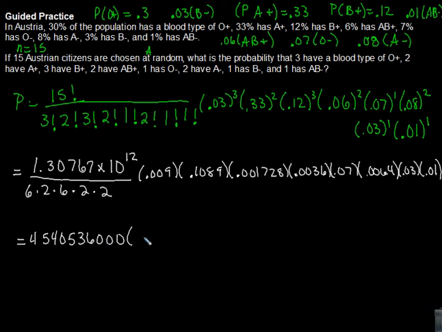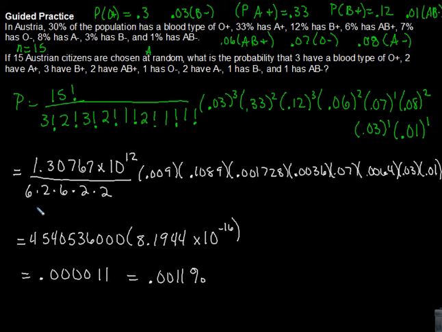Times another really short decimal. And when I multiply those together, I have a 0.0011% chance of randomly picking 15 people and having these blood types. So I'm going to go out on a limb and say it's not going to happen. Because that's just so close to 0, I am feeling very confident that it's not going to happen.